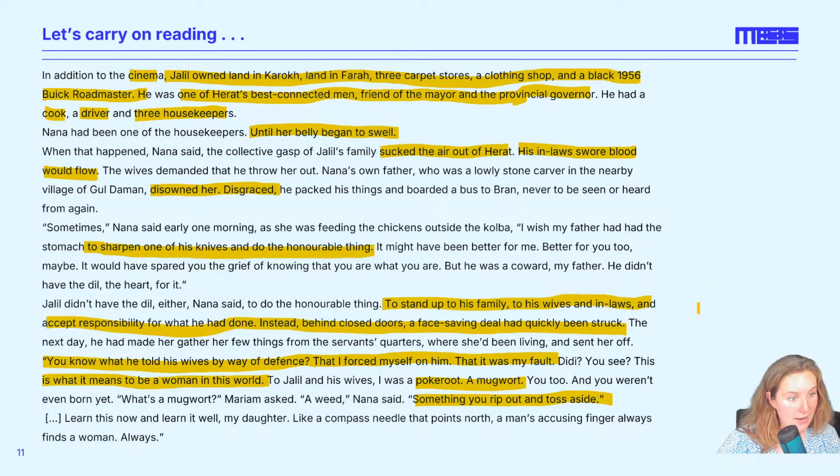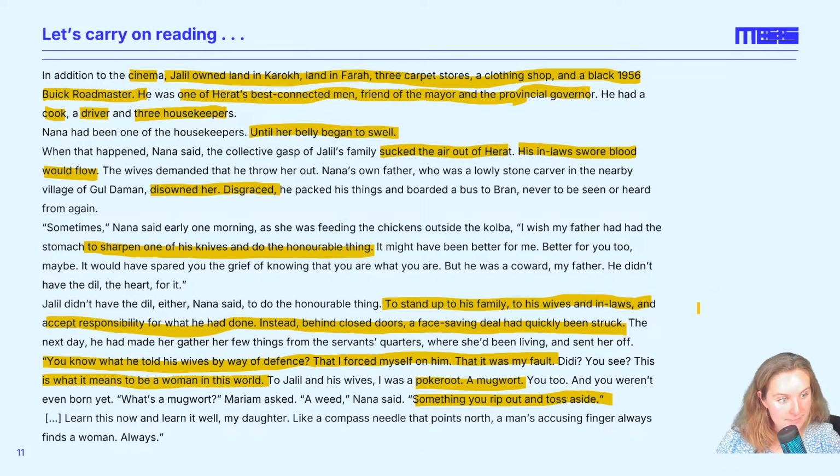Cook, driver, 3 housekeepers. So he has an incredible amount of power, prestige, status. The fact that polysyndeton is used here, with the different phrases connected by commas, highlights how much he has here. This is literally a maximalist approach.